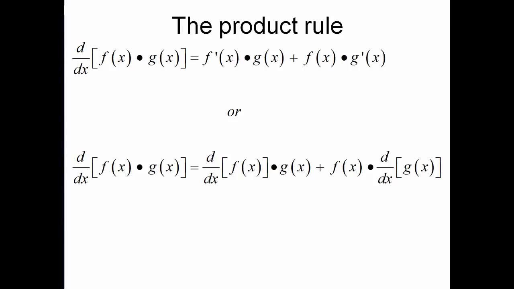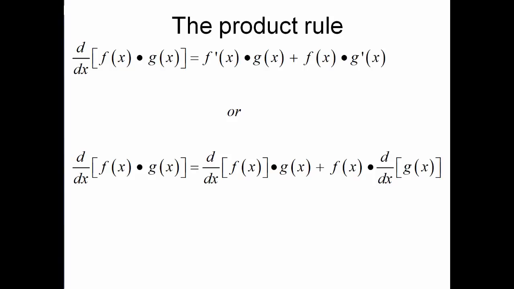So all it is, here's our first function, here's our second function. f is the first one, g is the second one. Take the derivative of f, multiply it with g, plus f times the derivative of g. These two mean the same thing, just written in different notation.